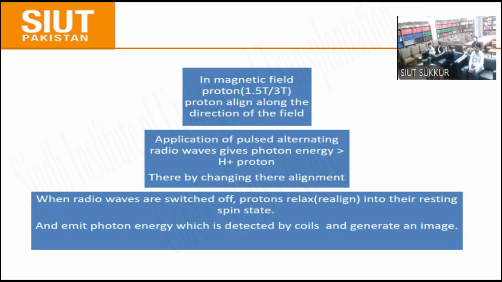When the radio waves are switched off, protons relax or realign into their resting spin state and emit photon energy, which is detected by coils and generates an image, which we can see on our screen.